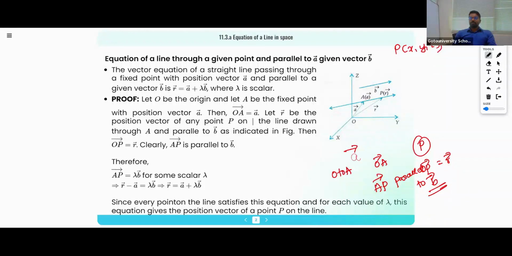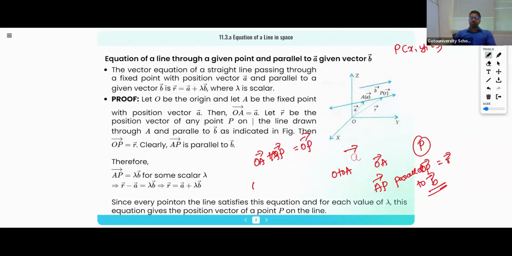If this is the case, by the triangular law of addition, OA plus AP is equal to OP.